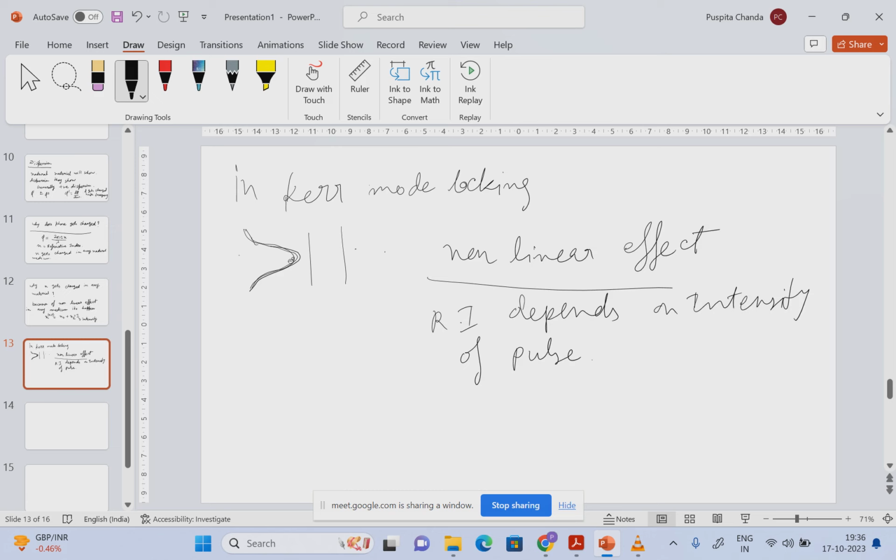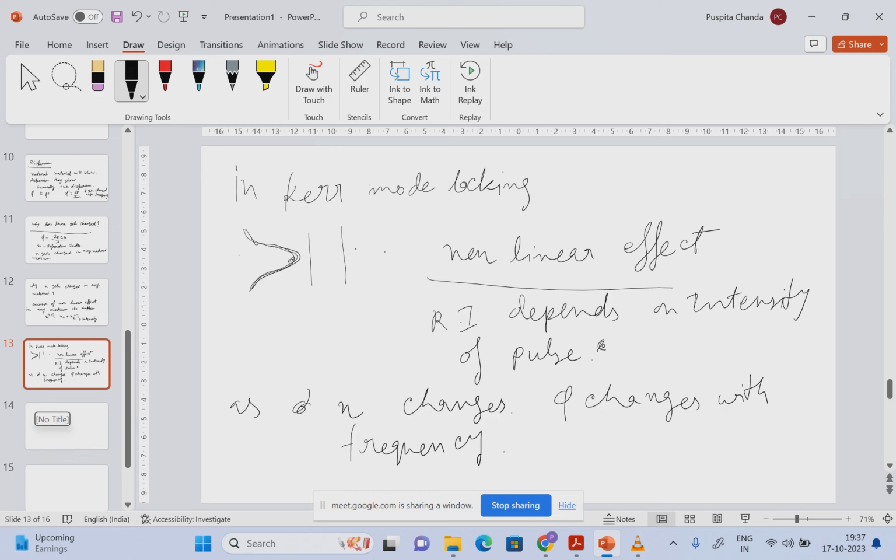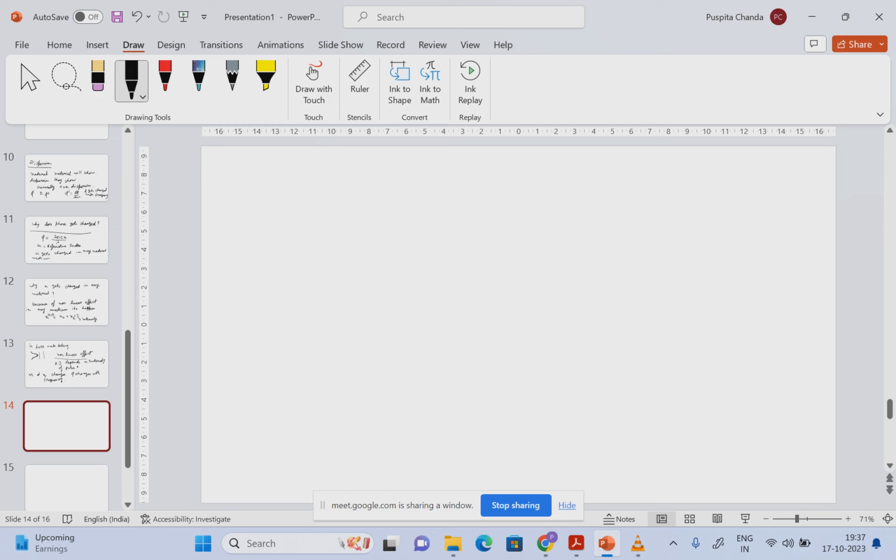Also, as n changes, phi changes with frequency. Dispersion happens.